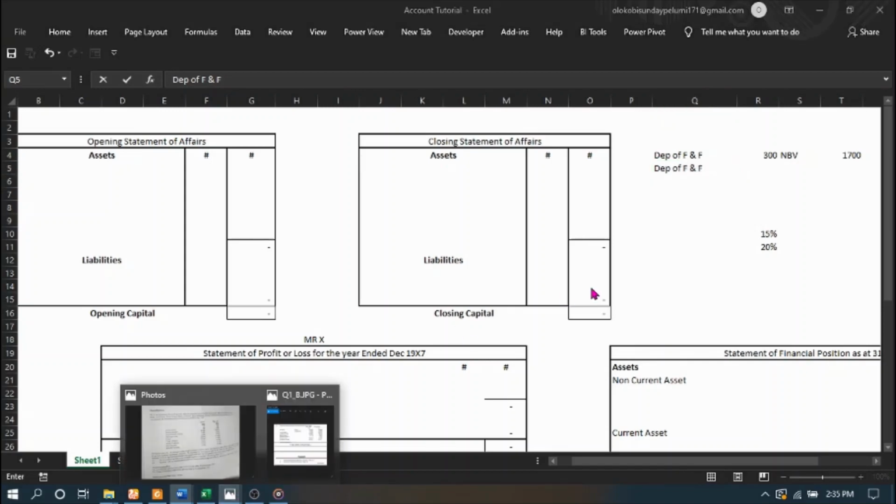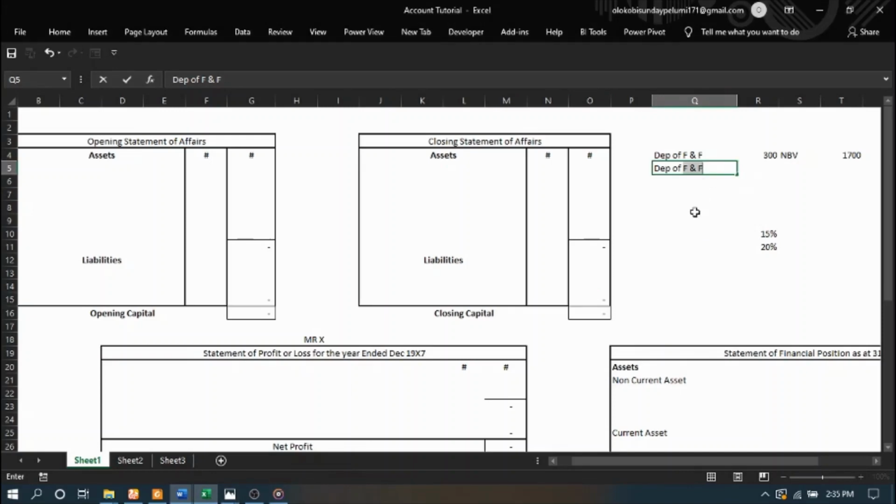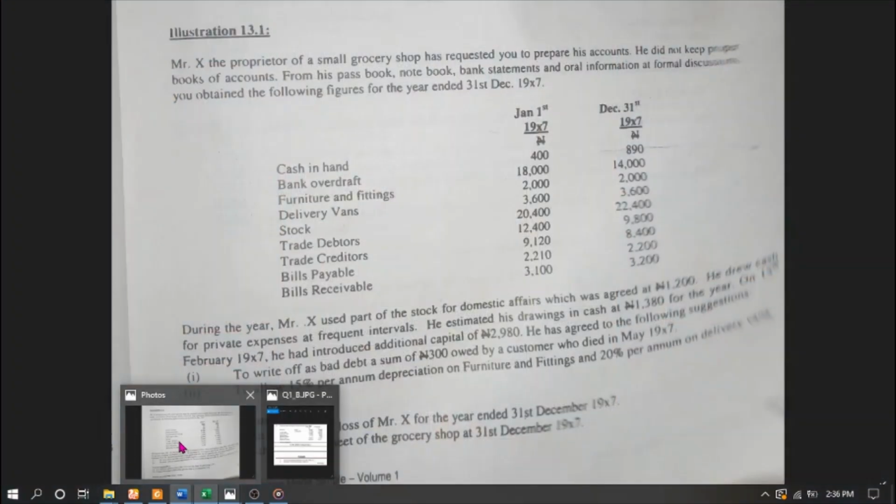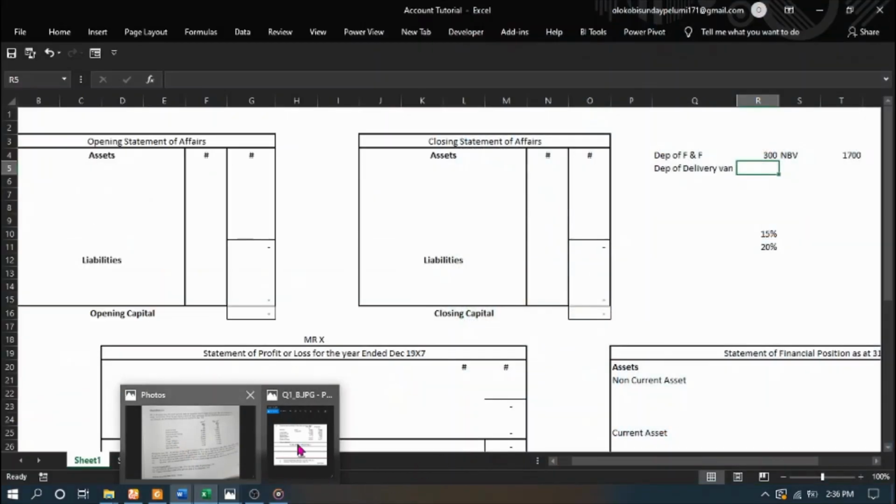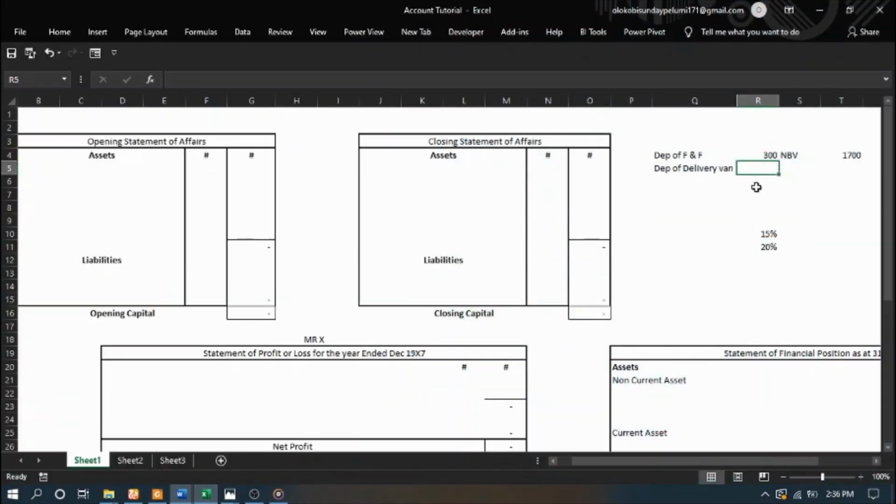Alright, so now the depreciation of the delivery van. What is the value of the delivery van? Its value is 3,600. So 3,600 times 20% is 720.